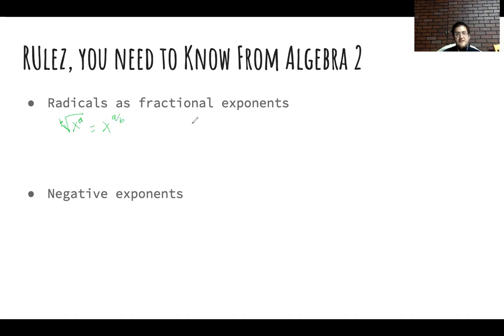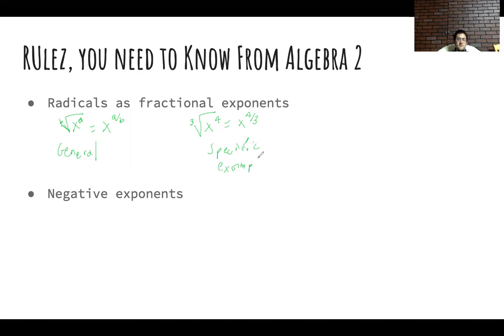For instance, the cube root of x to the fourth is the same thing as x to the 4/3. So you need to be comfortable writing radicals as fractional exponents. This is our general rule, and here's a specific example.